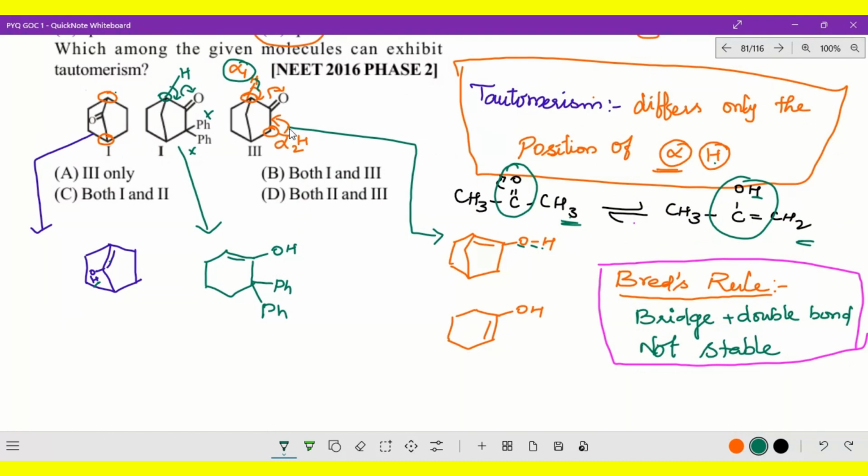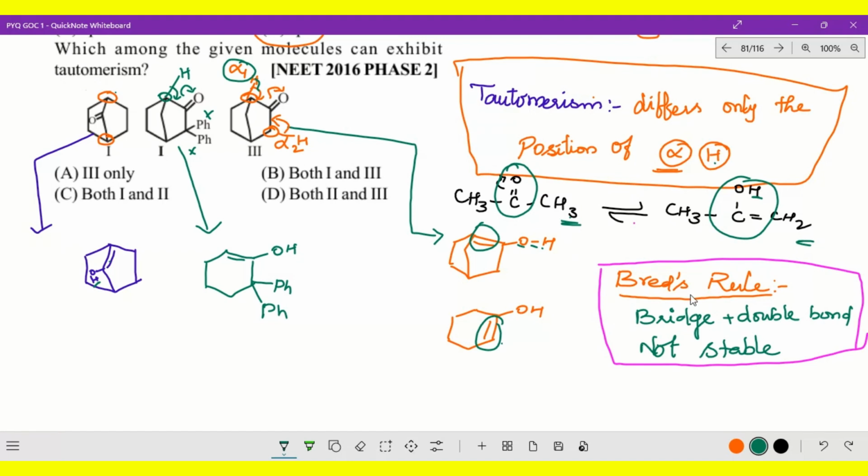Suppose this electron transfers over here. So the alpha hydrogen goes to that side. So you will get the double bond over here. OH will be the same as in the keto position, only OH will be coming. That is not a matter. But where the double bond comes, that is only important. Right, now the double bond comes over here and the double bond comes over here, which is strong.